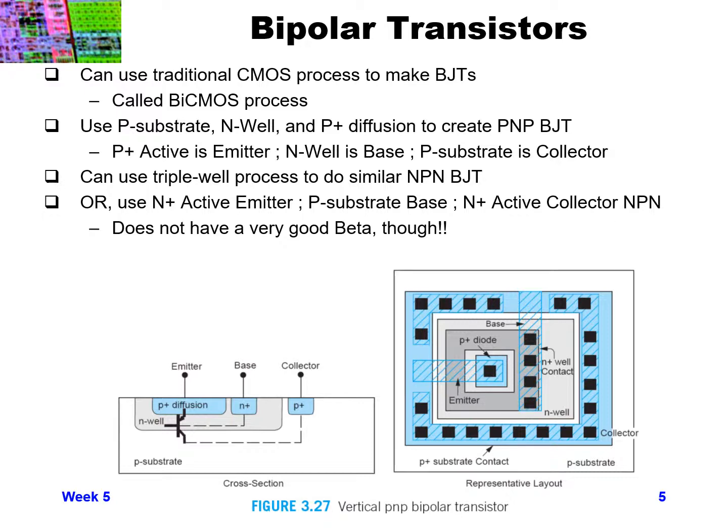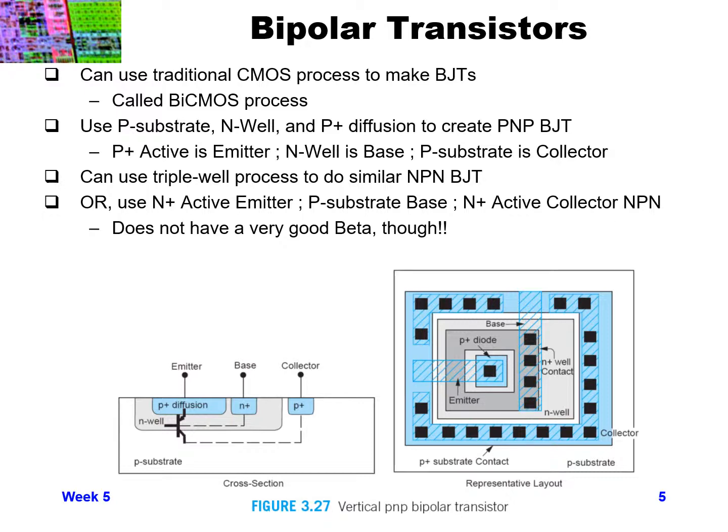So if we have a P substrate with an N well, in effect the cross section you can see on the left, instead of creating a P plus and then N well and another P plus, we use the P plus diffusion as an emitter of a PNP BJT to create a PNP transistor.